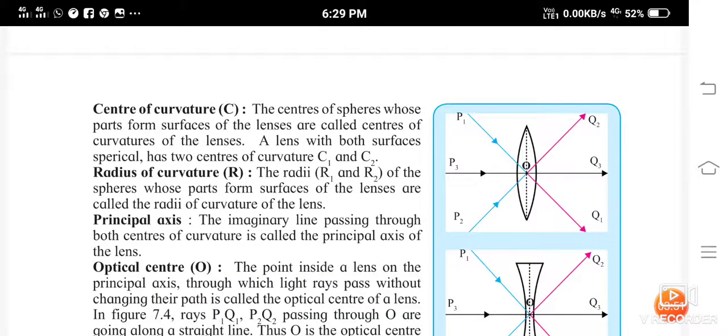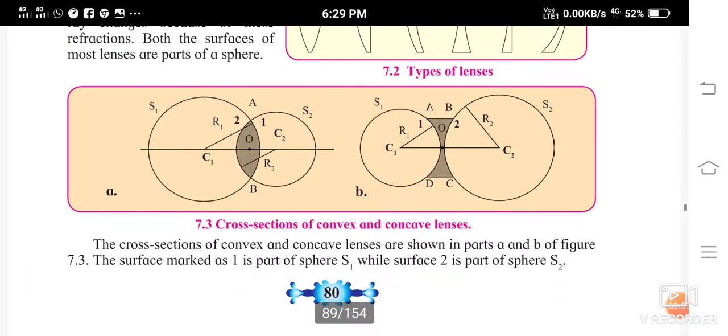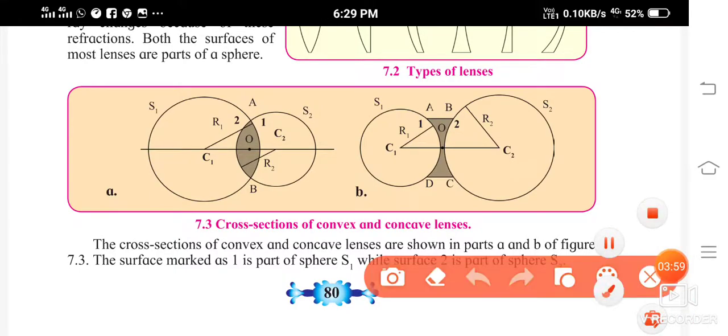Now see, I'll show you what is the center of curvature in the above figure. You can see here, this is the lens, the middle one, AB, isn't it, in this figure A, right? Now, when you complete this, okay, this is the part of this sphere, S1 I told you, right? Yes, so when you complete the sphere, you get a center for this.